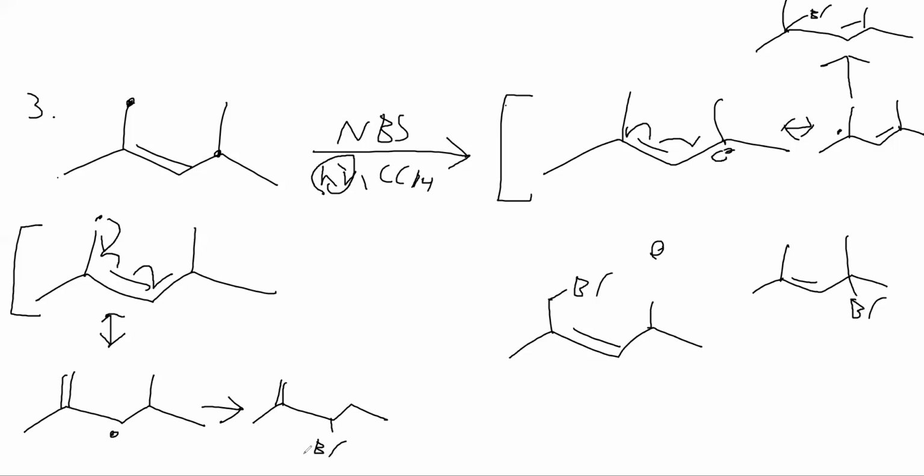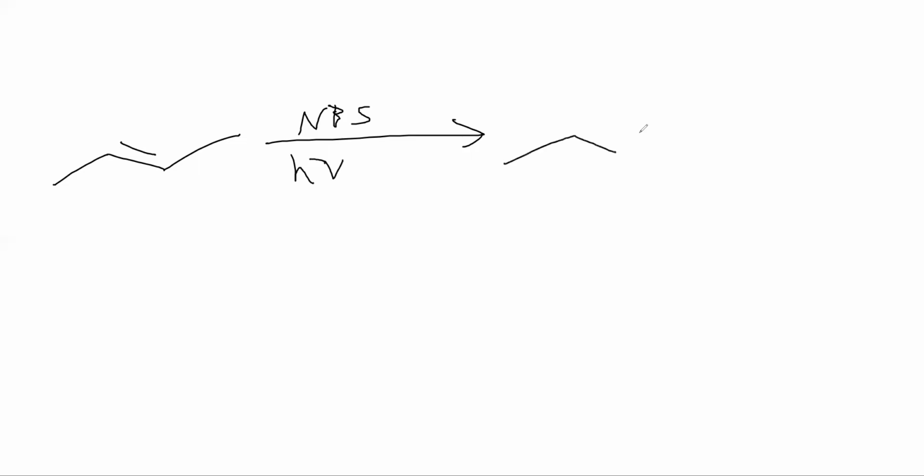And I'm just going to point this out even though it wasn't a question. So when you have these conditions, you keep the double bond and you add a bromine to the allylic position. But there's another reaction that uses NBS.